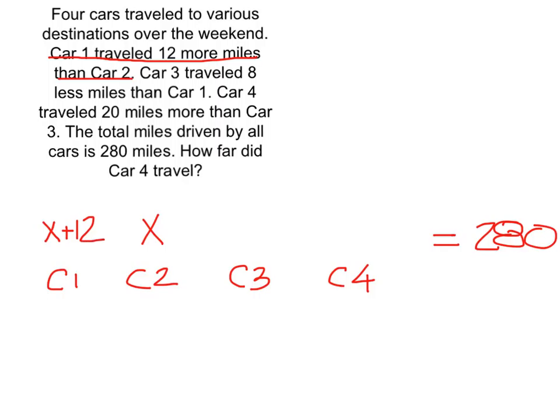Okay, so car 3 traveled 8 fewer miles than car 1. Here's car 1, and car 3 traveled 8 fewer miles. So what should I put in for car 3? X minus 8? 12 minus 8?